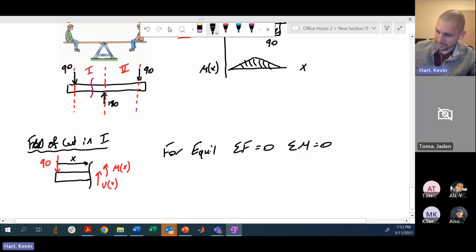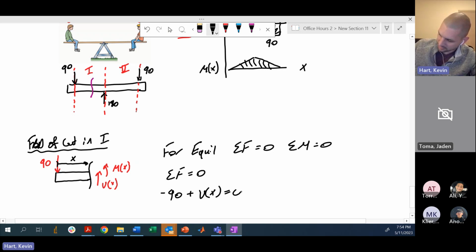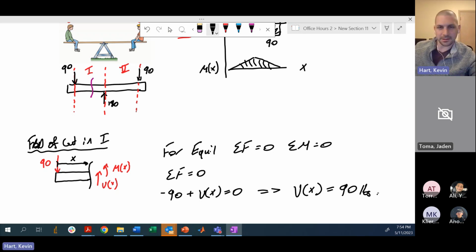Okay, so let's do that. If we want the sum of the forces equal 0, we're going to have negative 90 pounds plus our Vx equals 0. So what that means is in this portion of the bar, the shear must be 90 pounds. Is that clear? Regardless where we cut in region number 1, the shear must be a constant value of 90 pounds in that region.